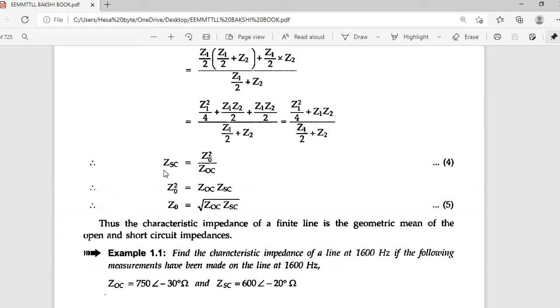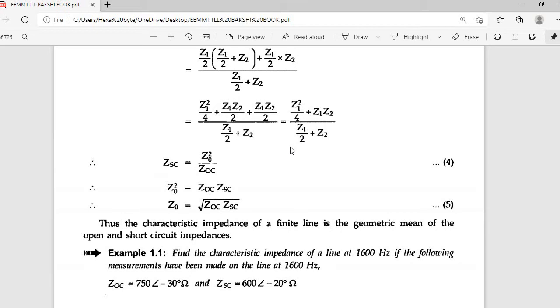So then Z0 square is equal to ZOC into ZSC. Ultimately ZSC is equal to Z0 square by ZOC. The relation we are substituting here. This numerator is equal to, as already seen in the previous equation, Z0 square. Divided by ZOC, the open circuit impedance.